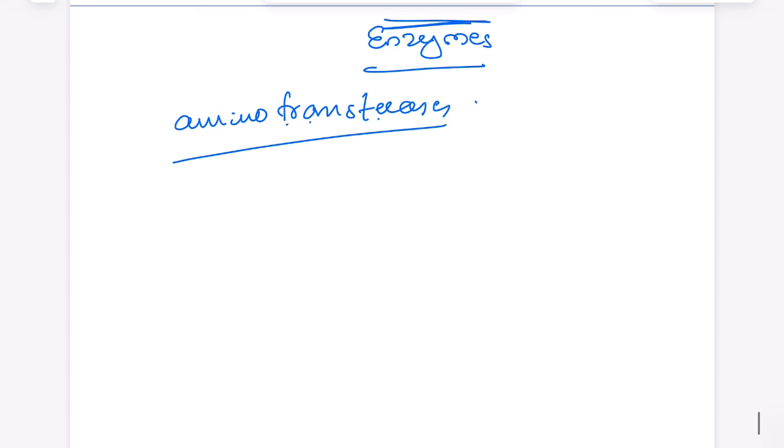So the enzymes are AST and ALT. AST was formerly called SGOT, and ALT was formerly known as SGPT. In practice they are usually called OT and PT; these are the commonly used abbreviations for AST and ALT.